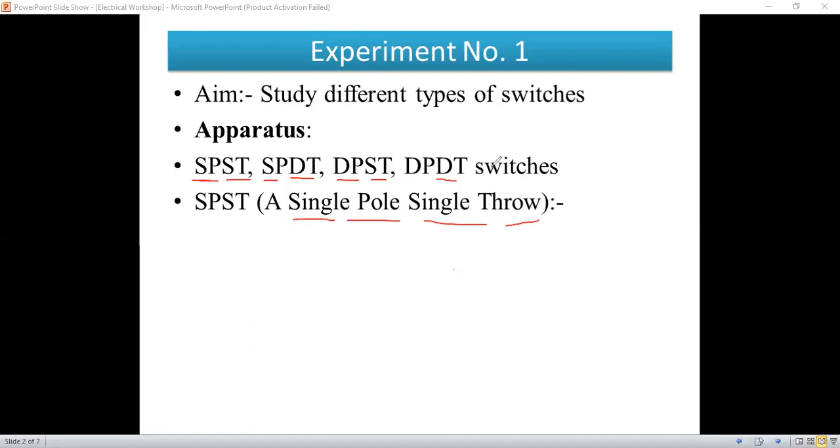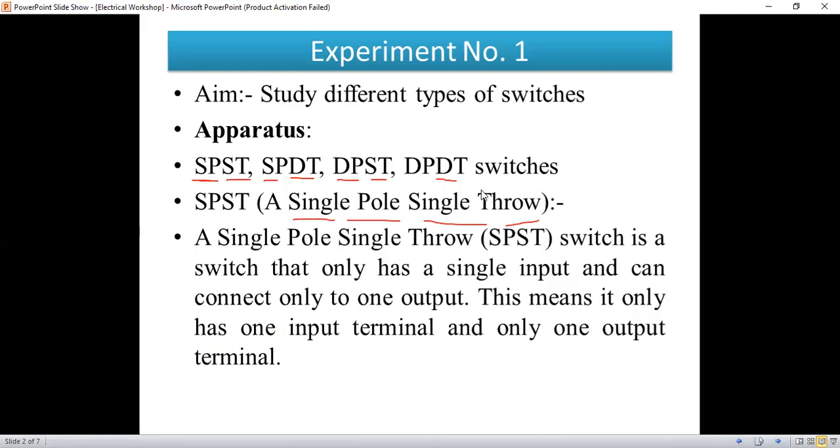A single pole single throw switch only has a single input and can connect only to one output.